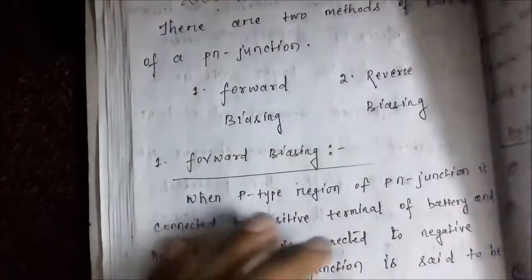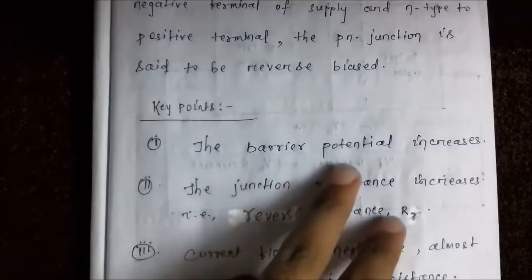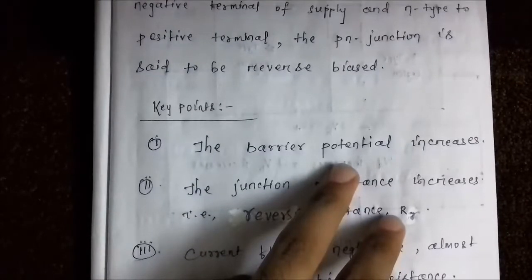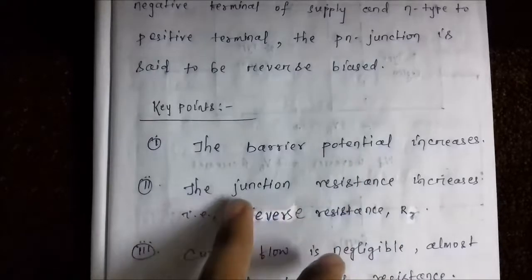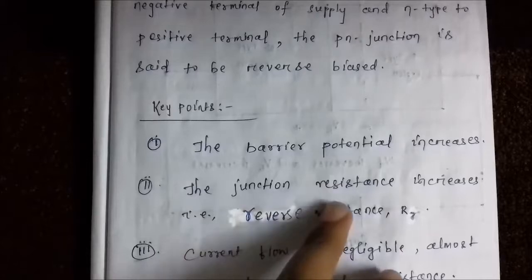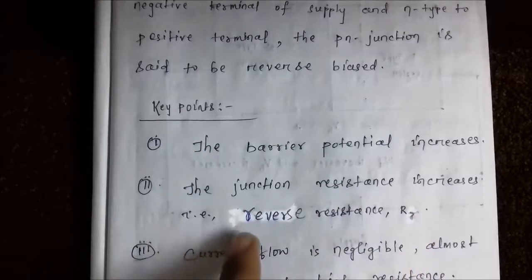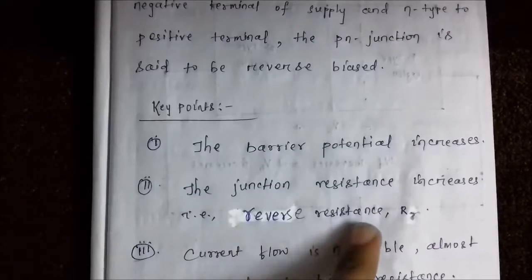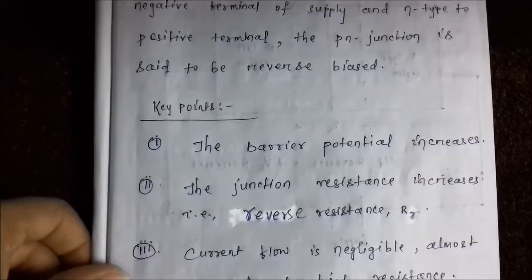Again, let's discuss some key points related to reverse biasing. As we discussed, the barrier potential increases because of reverse biasing. The junction resistance increases, and that resistance is called reverse resistance, RR. It is the opposite phenomenon to that of forward biasing.